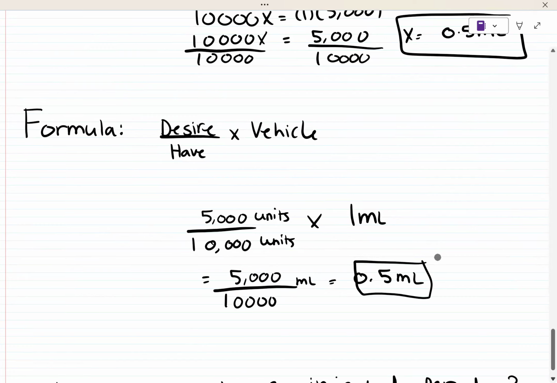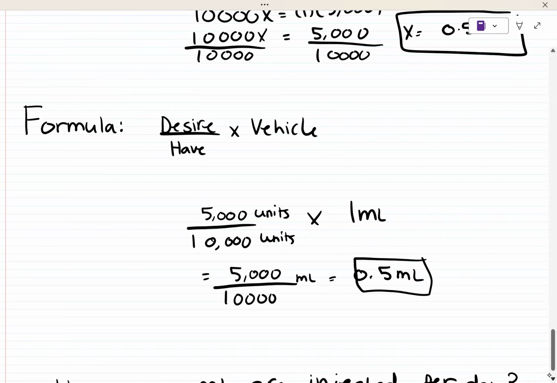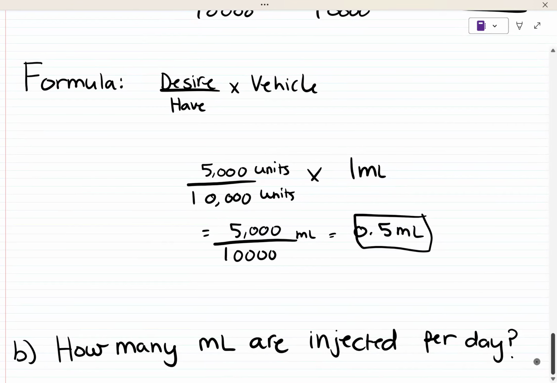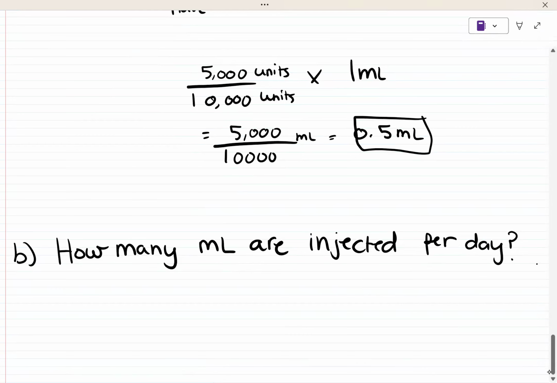Okay, and then there's also a part B. The last part of example two says, how many milliliters are injected per day? So you have to go back to the problem. It said Q8H, which means every 8 hours, so three times a day.